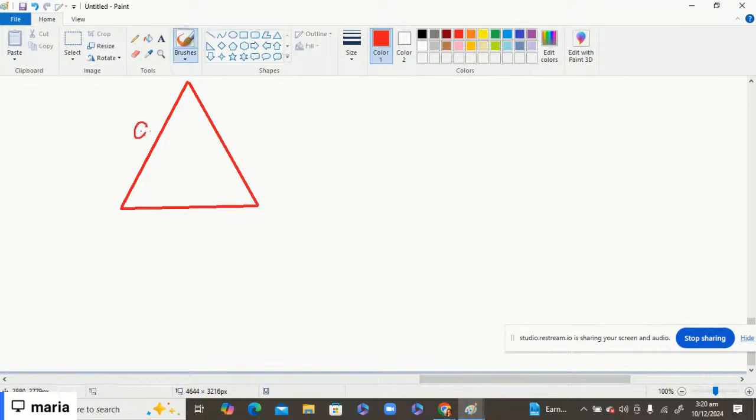This is, for example, side A, for example, side B, for example, side C. So how many total sides are there? 1, 2, and 3. So there are total 3 sides. Okay. How many total sides are there? 3 sides.